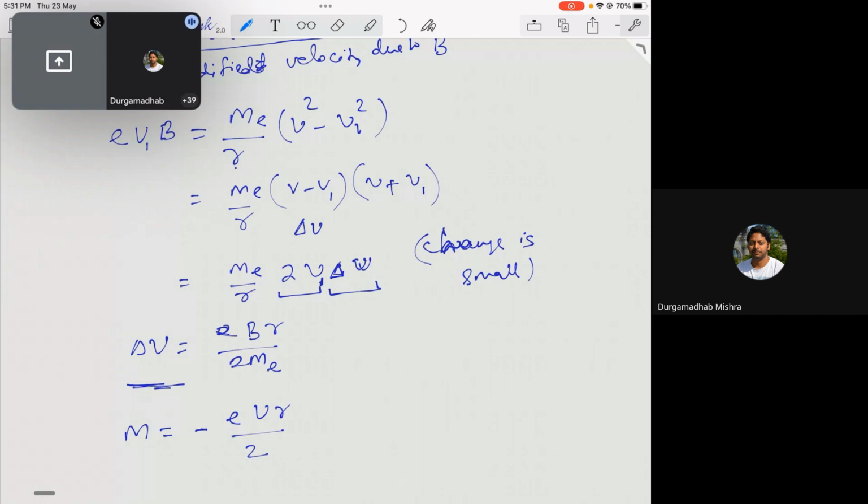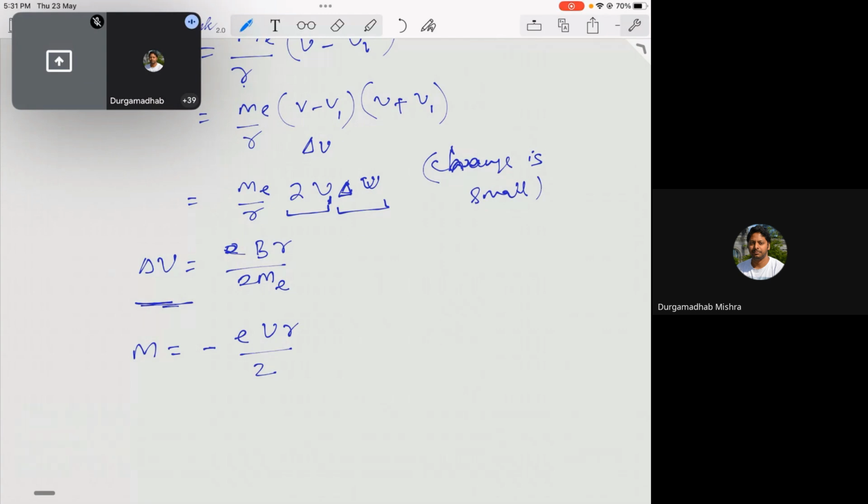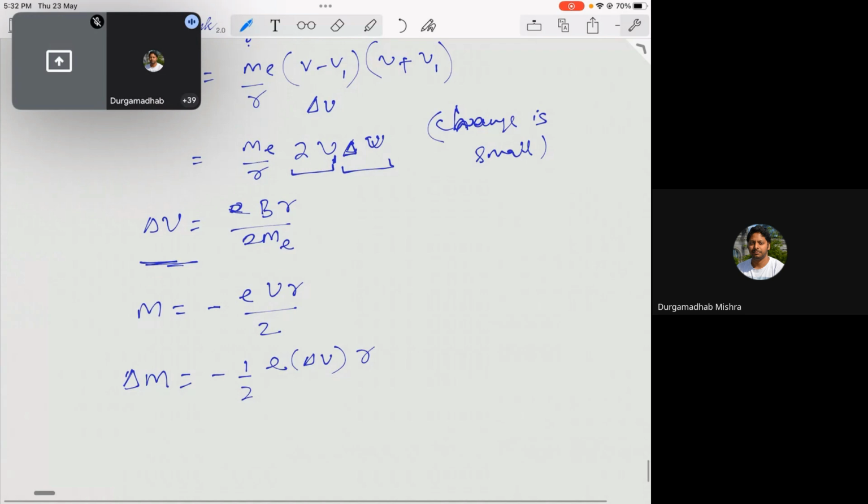If we use this equation here, the change in magnetic moment, delta M, due to this change in the velocity delta V, will be given by minus half e delta V into R. So due to the magnetic field, there is a change in the magnetic dipole moment, delta M, given by this.